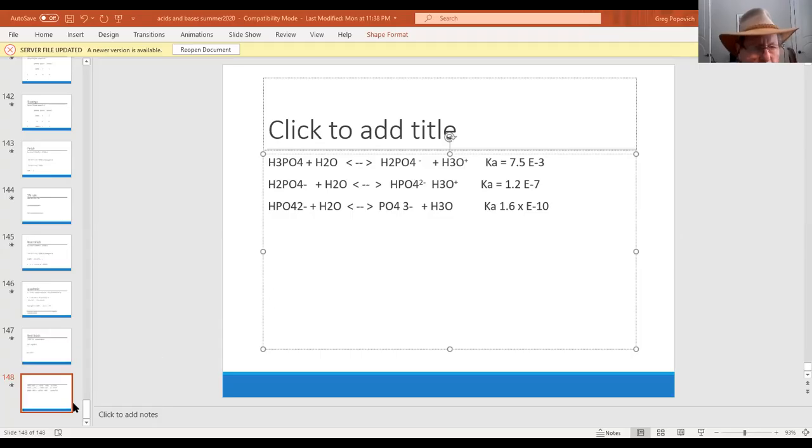The actual structure of formic acid is this.